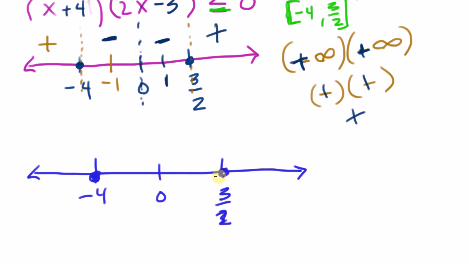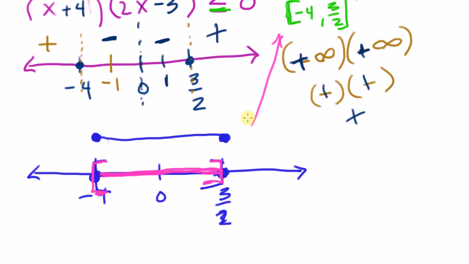These are my zeros, and you can either put the dot to show that that is a 0 and draw the line, or you can come down here and do the brackets, and then just make sure that if you do it this way that it's dark in here so you can see what's going on and the values that you picked. Or, if they asked you for the interval notation, you could just do it that way.